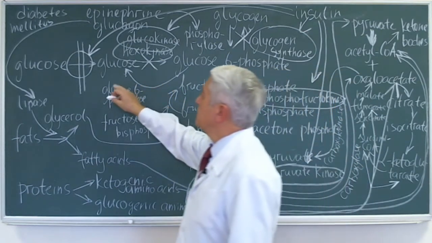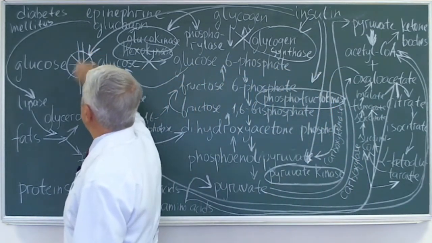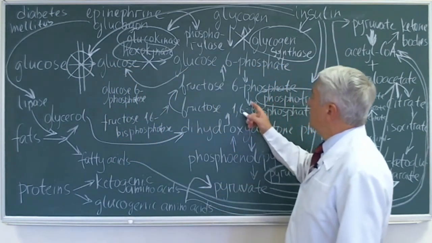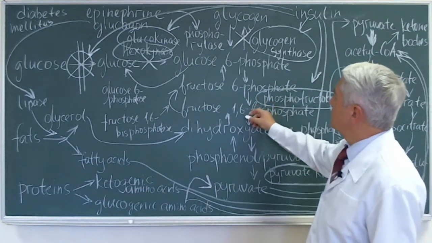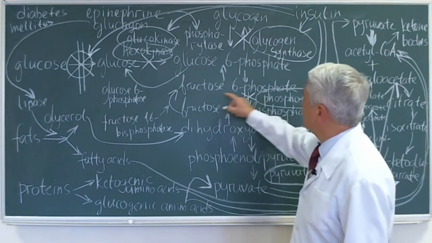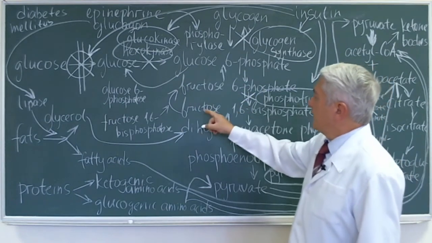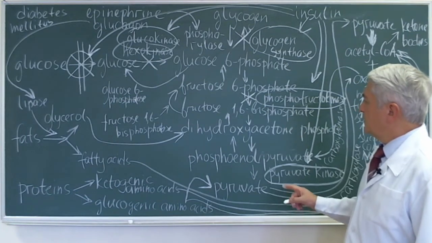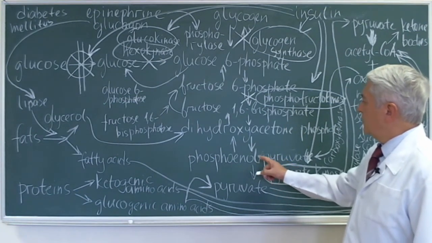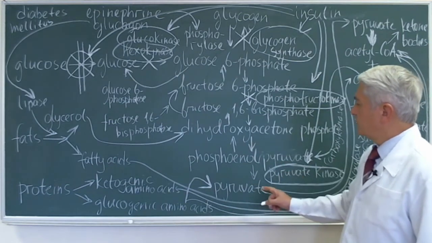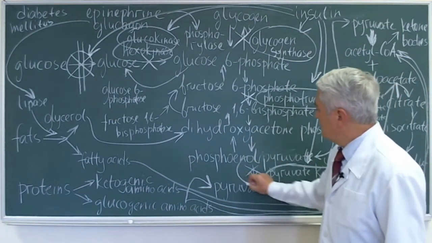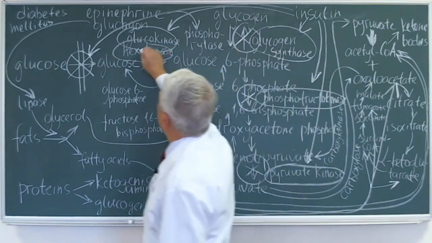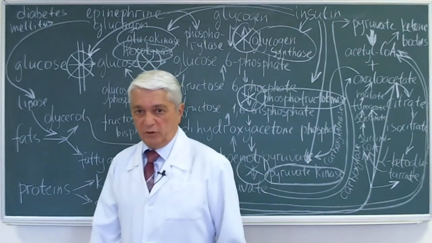Second cross. Then glucose cannot penetrate through the cell membrane. Fructose 6-phosphate cannot be transformed to fructose 1,6-biphosphate. And phosphoenolpyruvate cannot be transformed to pyruvate. So 1, 2, 3, 4, and 5 blocks.